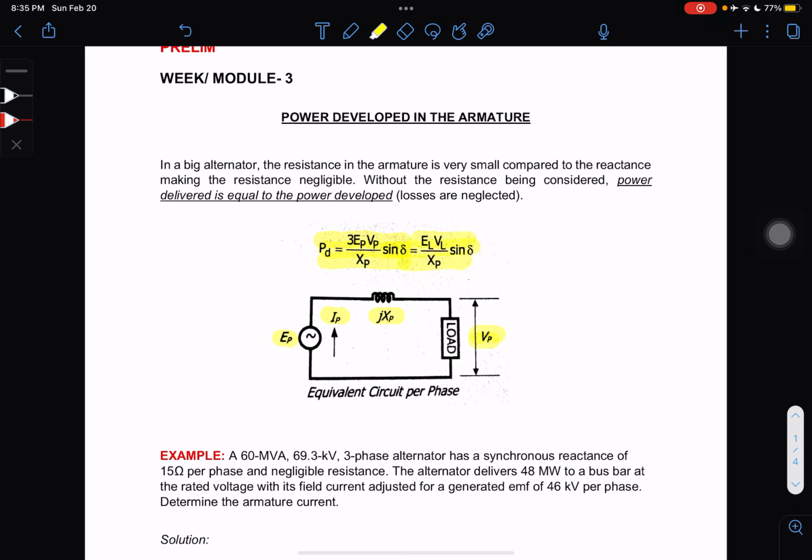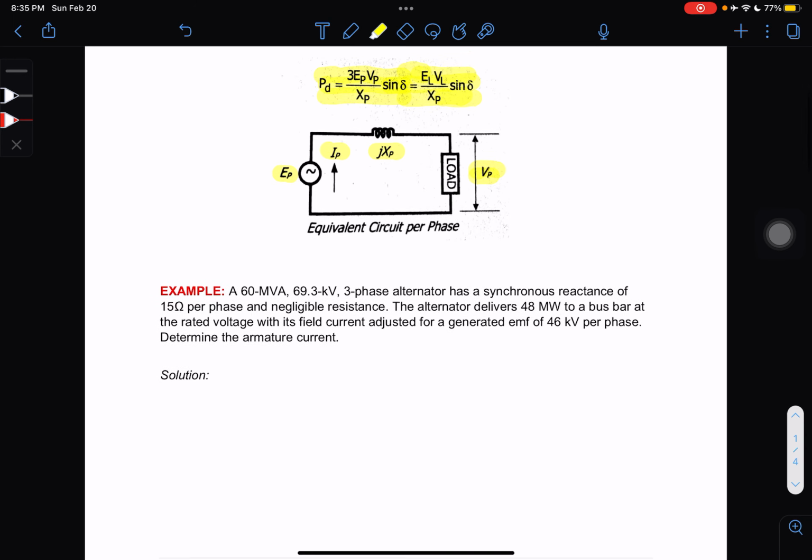So, let's have an example for that para mas masabta nato. So, we have here a 60 megavolt ampere, 69.3 kilovolts, 3-phase alternator has a synchronous reactance of 15 ohms per phase and negligible resistance.